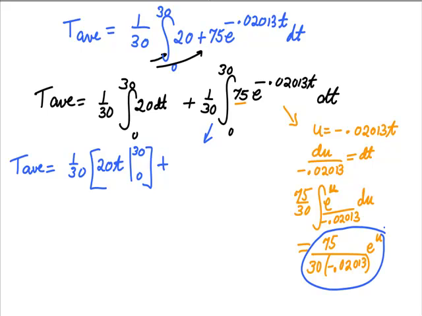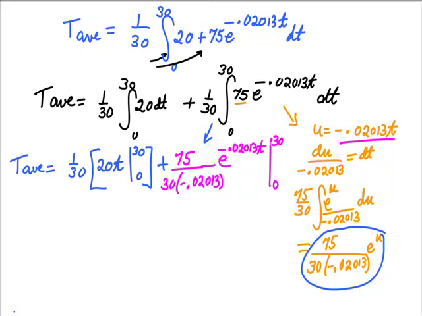So now using what I have here, this would be 75 divided by 30 times negative 0.02013 e to the u, but u is this, so it's e to the negative 0.02013t from 0 to 30. And of course, at that point, we now have to use our calculator to help us with this.